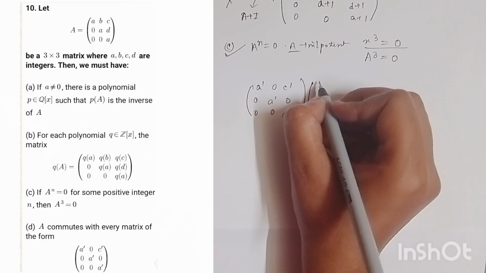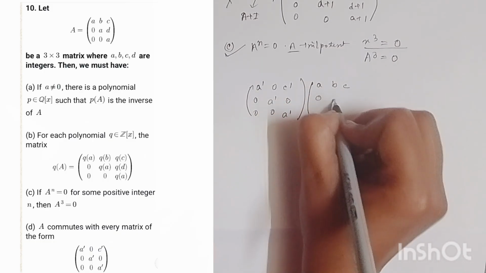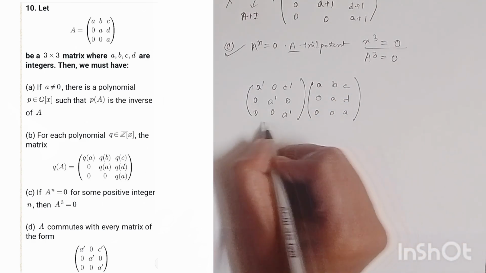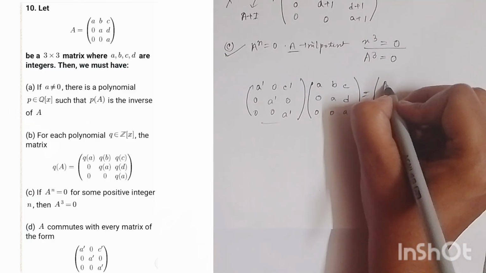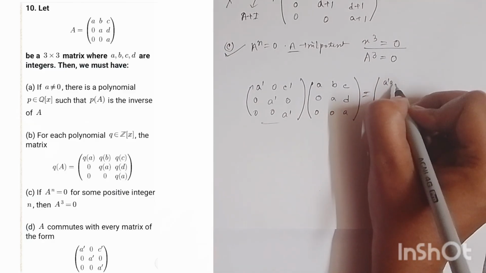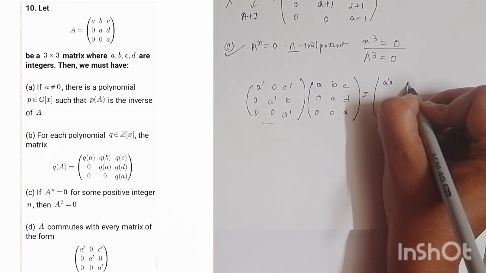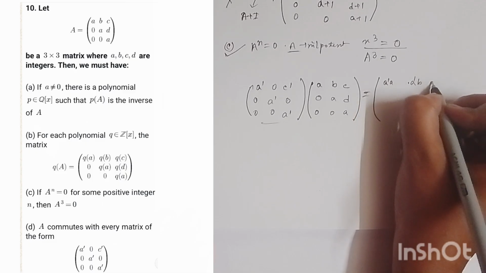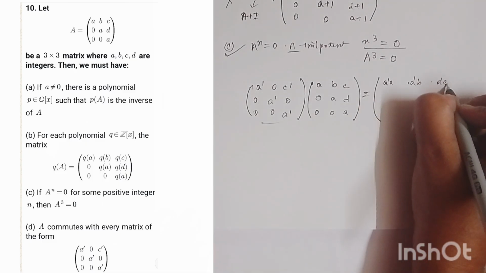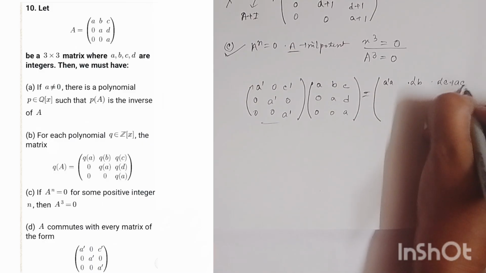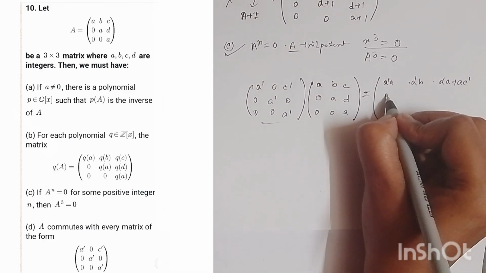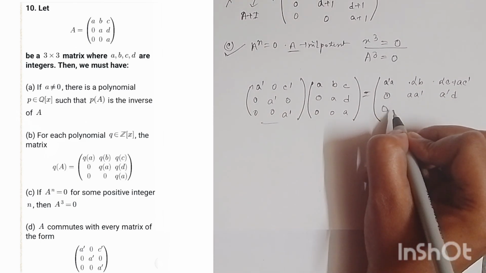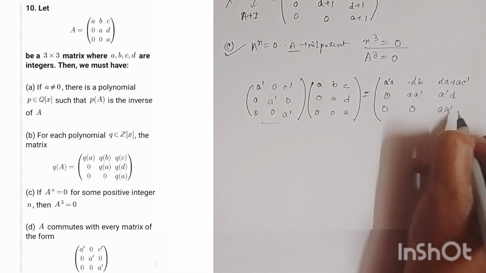So A equals [[a, b, c], [0, a, d], [0, 0, a]]. Does this commute with this matrix? So this equals [[a'a, a'b, a'c + ac'], [0, a'a, a'd], [0, 0, a'a]].